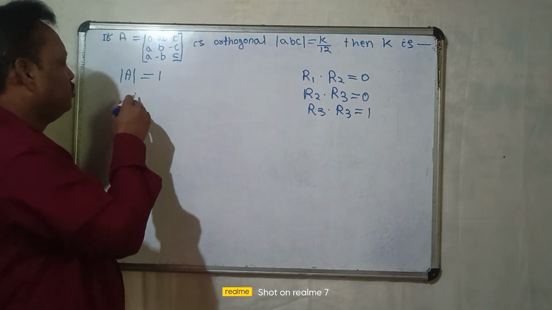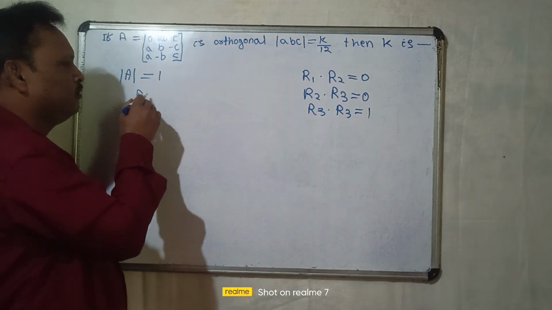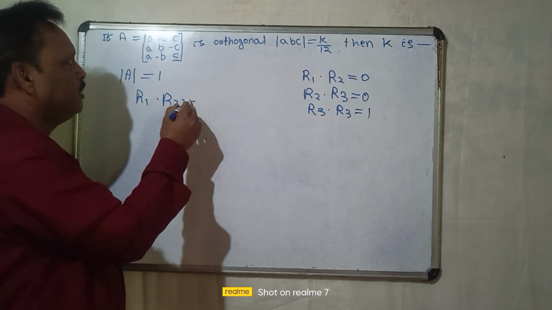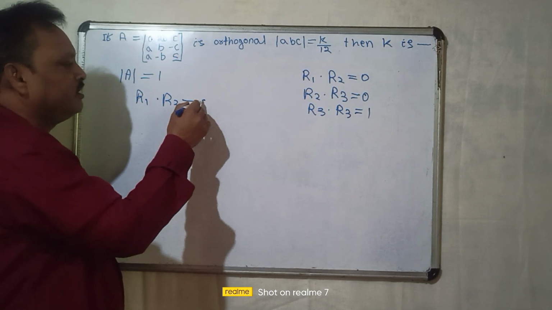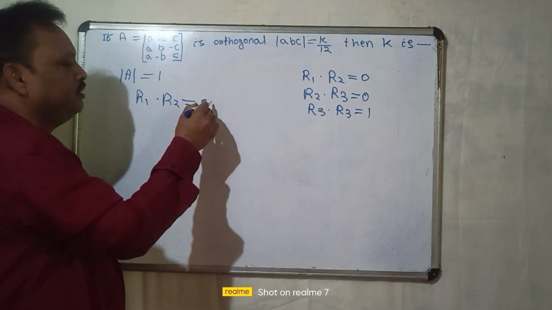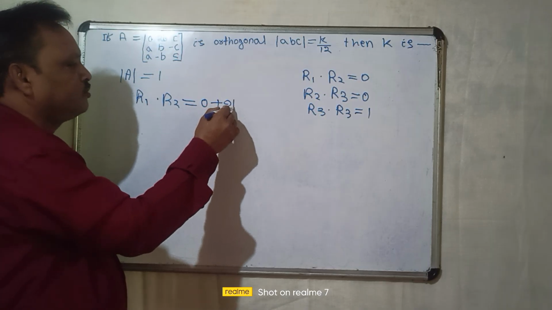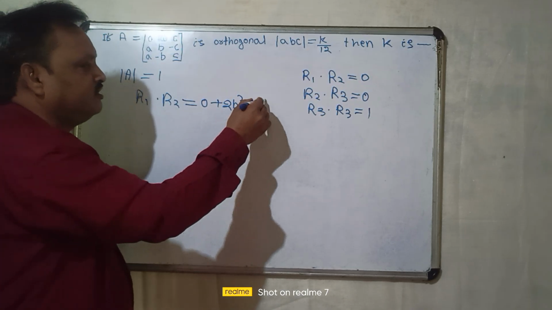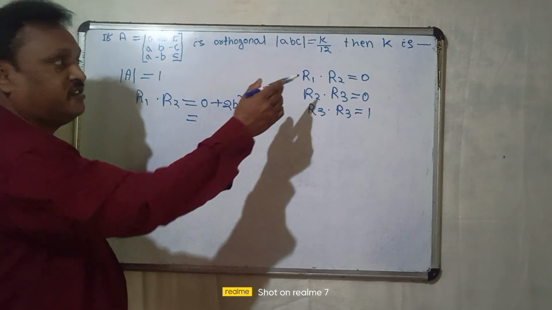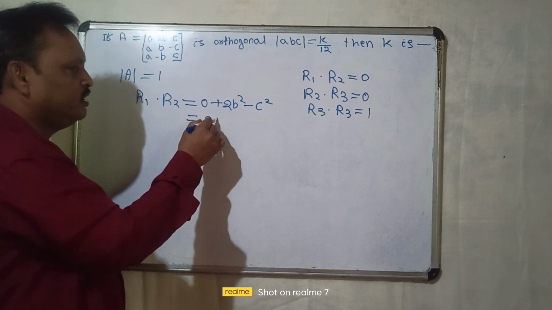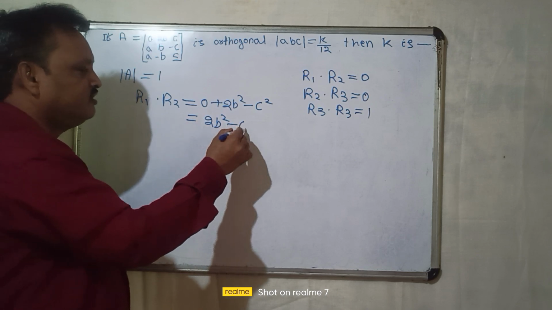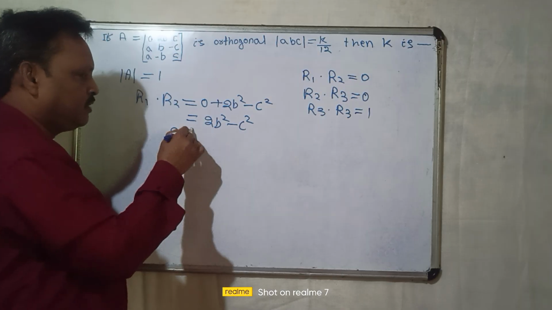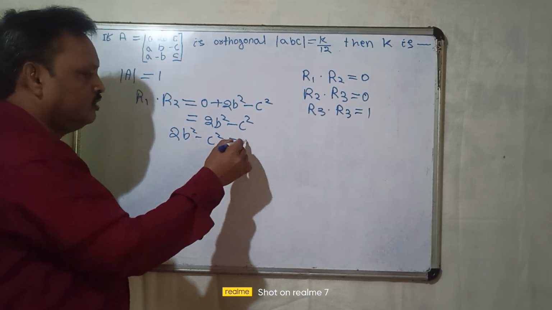So row 1 dot row 2 equal to 0 into a, that is 0, 2b into b, that is 2b square, then c into minus c, that is minus c square. So we get 2b square minus c square, and 2b square minus c square equal to 0.